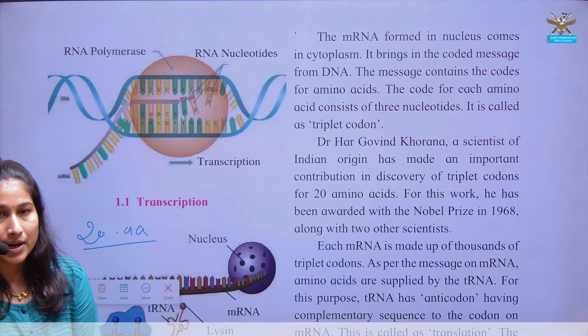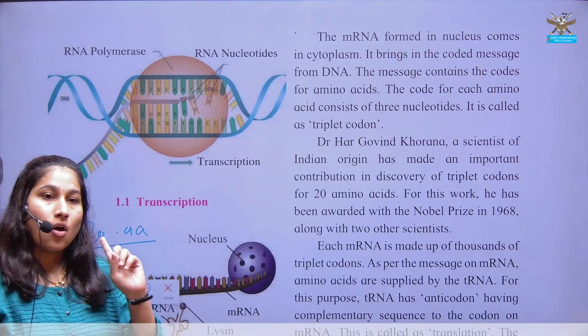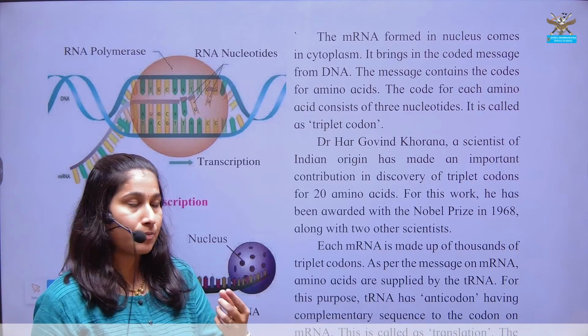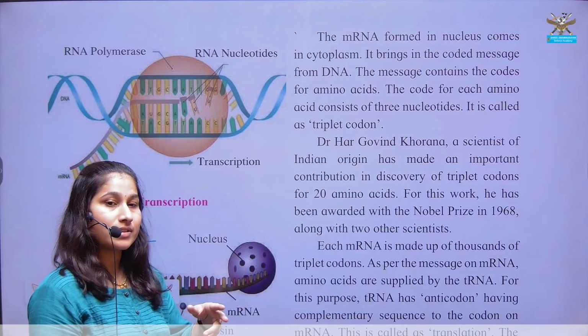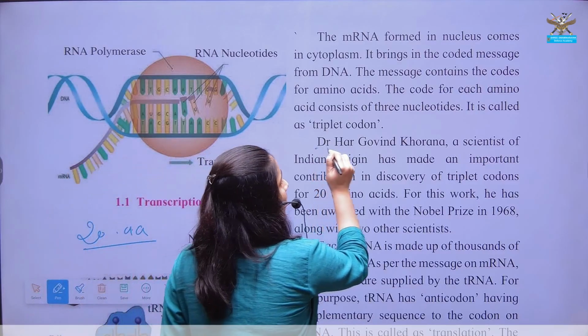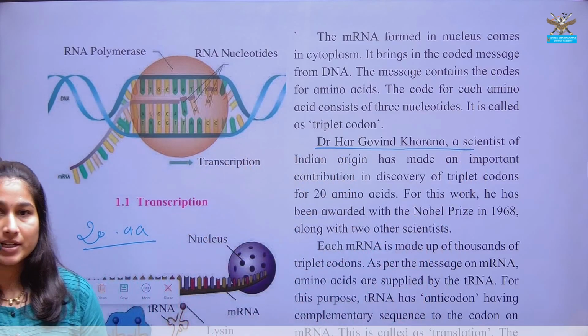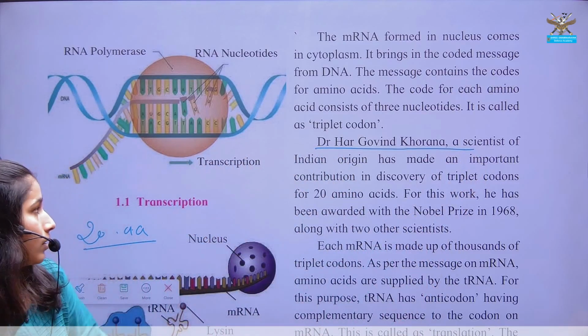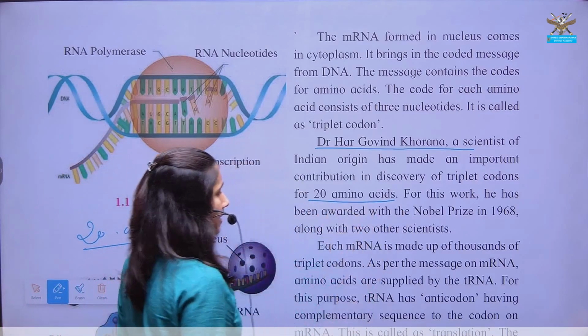These 20 amino acids by permutation and combination make all kinds of different proteins. And these amino acids were first recognized by whom? Dr. Har Gobind Khorana, who is a scientist of Indian origin, who first discovered these 20 amino acids.